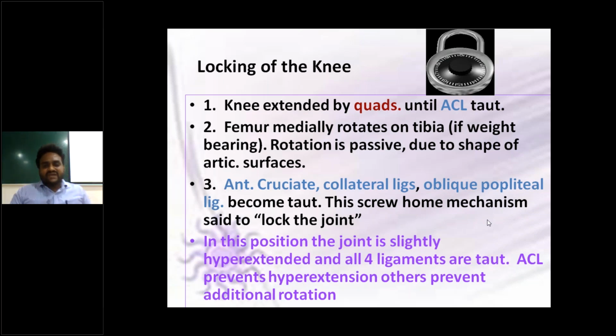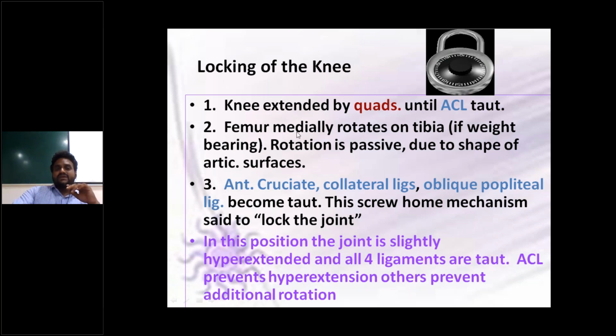Usually we can see the locking of the knee joint in the standing posture, where weight is transmitted through the condyles of the tibia and femur. So what are the steps in the locking of the knee joint? What is the first step? Extension of the knee joint.